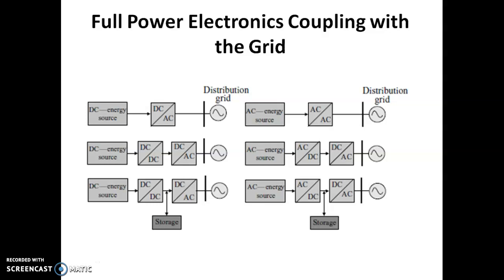This power electronic interface maintains the energy supplied by distributed generation to match the grid requirement and to improve the performance of the energy source. These power electronics are capable of converting AC to DC or DC to AC power, as required for the grid.